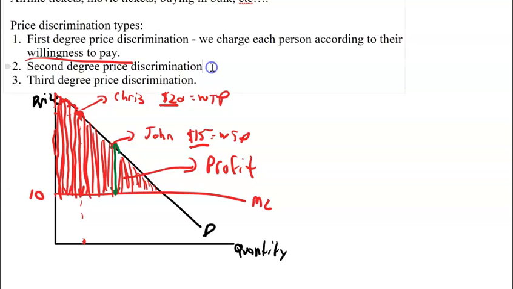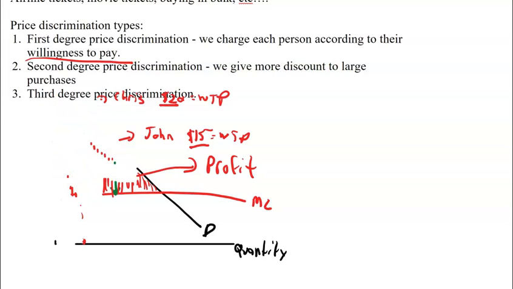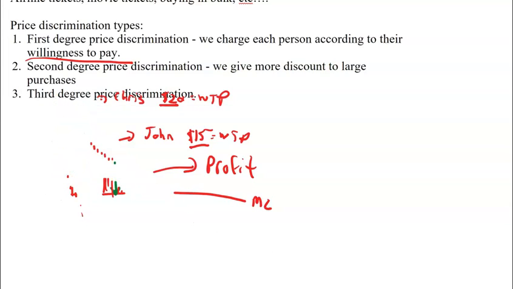Second degree price discrimination is when we give more discount to large purchases. So if we buy in bulk, we get a higher discount. If we buy one unit, we get a lower discount.